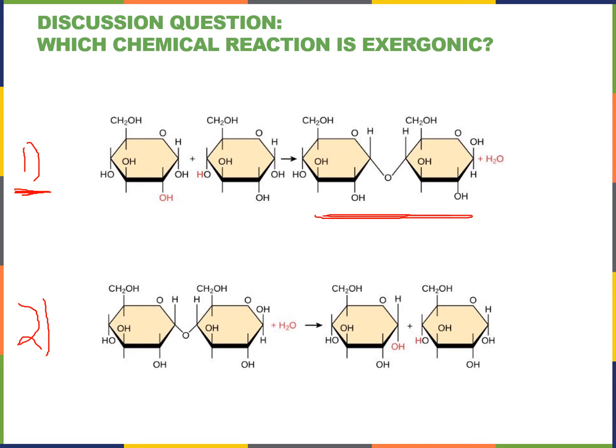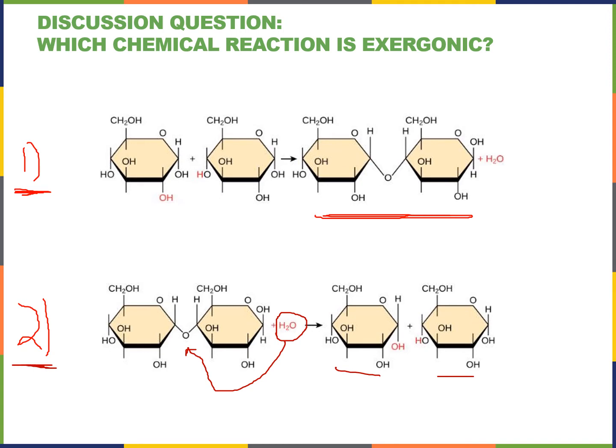And by default, number 2 is hydrolysis. So we're using hydrogen and oxygen in the form of water to hydrolyze this bond here, or break this bond and make 2 separate molecules. So another question, is reaction 1 or reaction 2 the anabolic reaction?